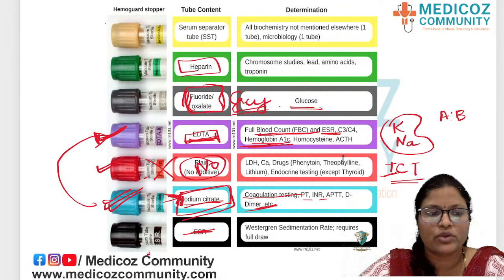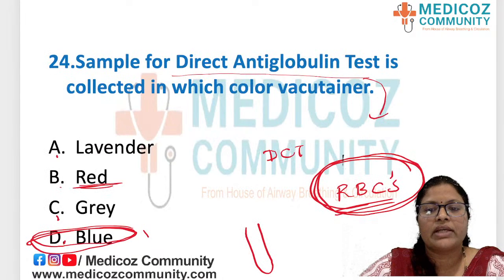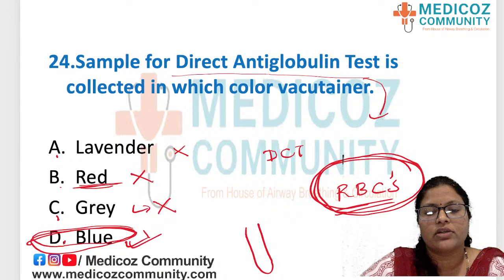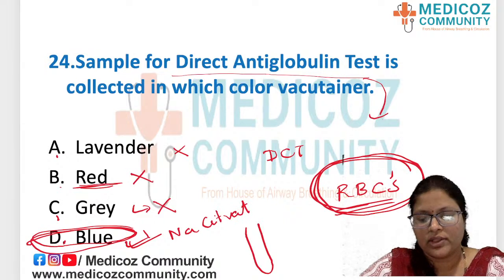If you go back to the question, the sample for direct Coombs test is collected in which color vacutainer? Not the EDTA vacutainer, not the serum vacutainer. The gray I told you was for glucose, so not in that, but yes, in your sodium citrate vacutainer, which is a blue cap vacutainer.